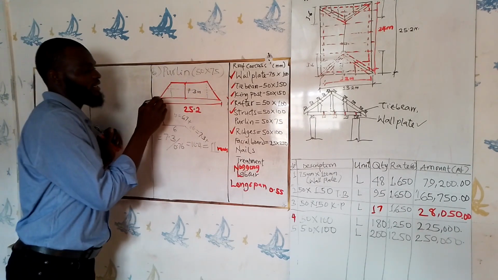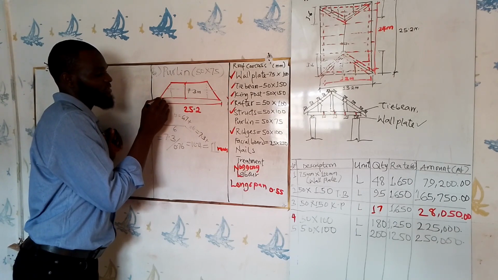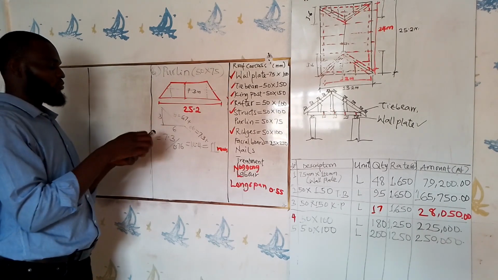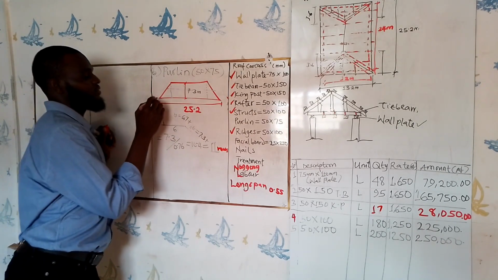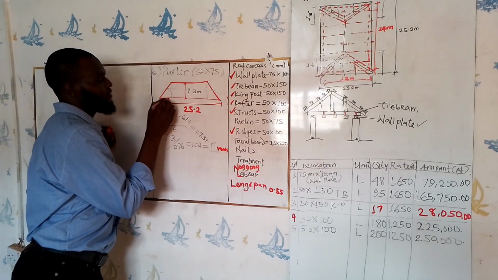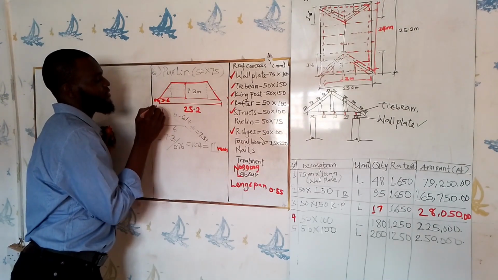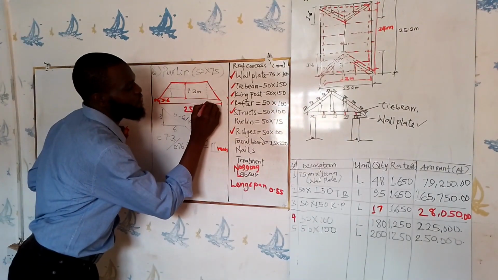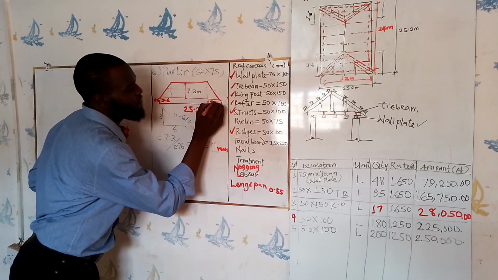Do not forget this place is 3.6. 3.6 plus 0.6 is 4.2. So here also will be 4.2.